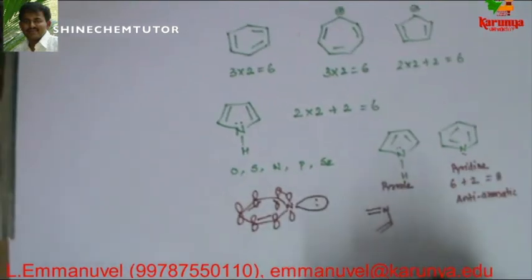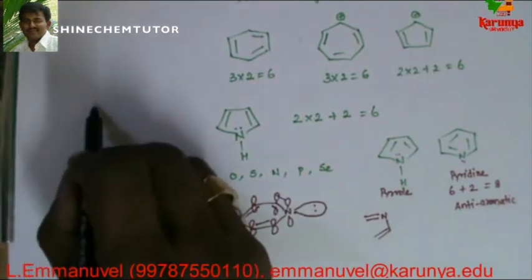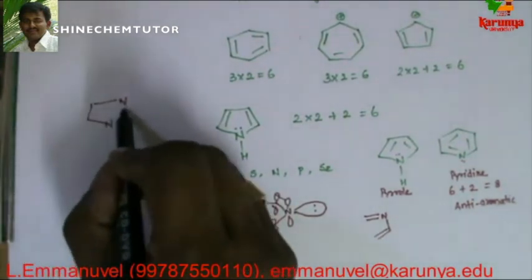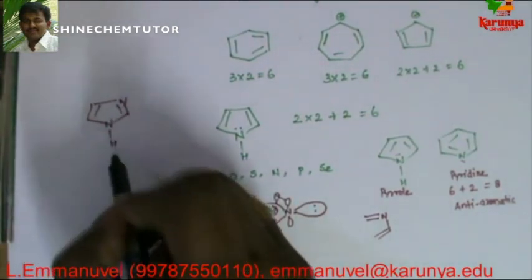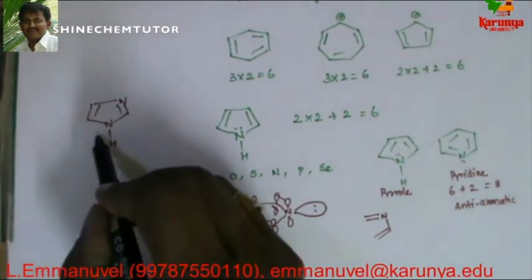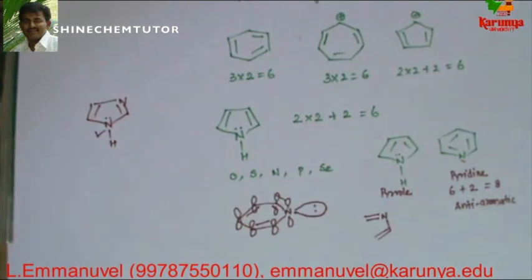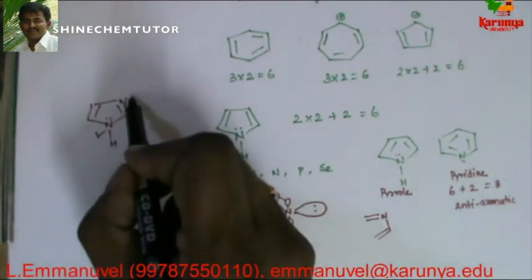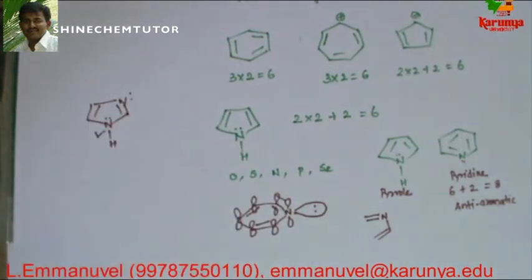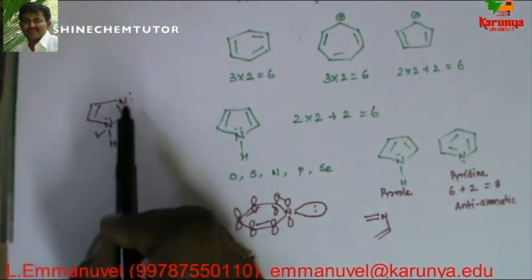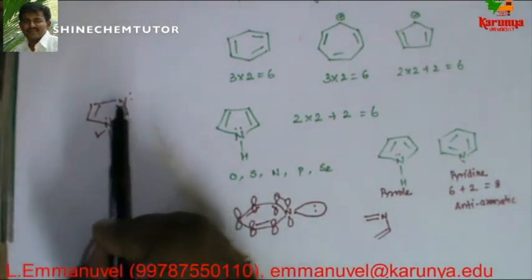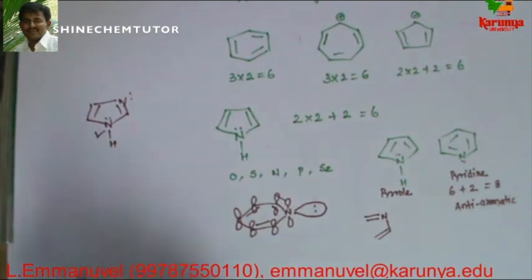I can go for several examples like that. So this is imidazole. This nitrogen will give two electrons, that is the lone pair of electrons. Even though this other nitrogen has a lone pair of electrons, that will not participate in the overlapping.